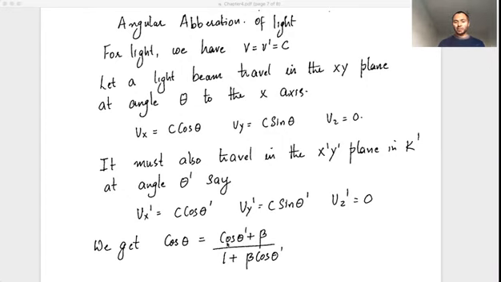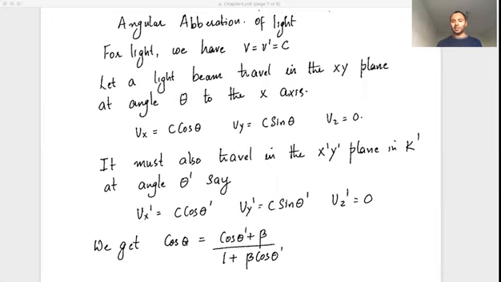So the numerator is going to be cos theta prime plus some quantity close to 1, divided by 1 plus some quantity close to 1 times cos theta prime. So this is going to end up being very close to 1, which means that your cos theta is going to be equal to 1.